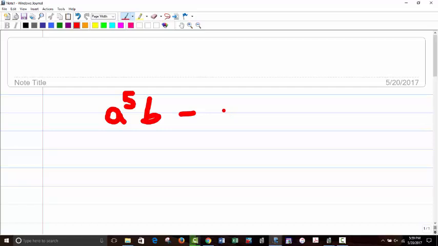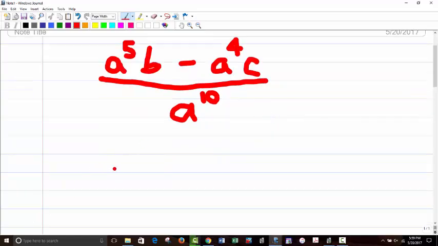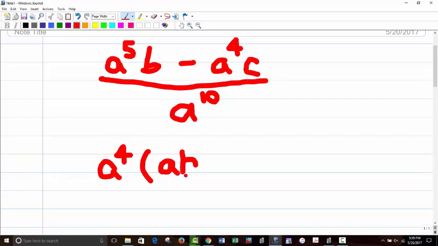And that was minus a to the 4th times some c we don't care about. Then I'll put an a to the 10th. So obviously this will apply to that same problem. Well, if you factor out, you can factor out an a to the 4th, and you would get a times b, because you'd have one a left over.